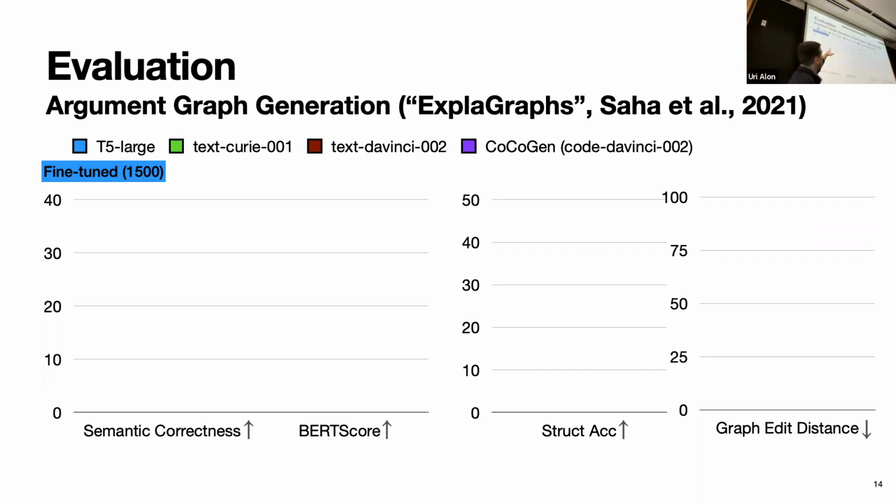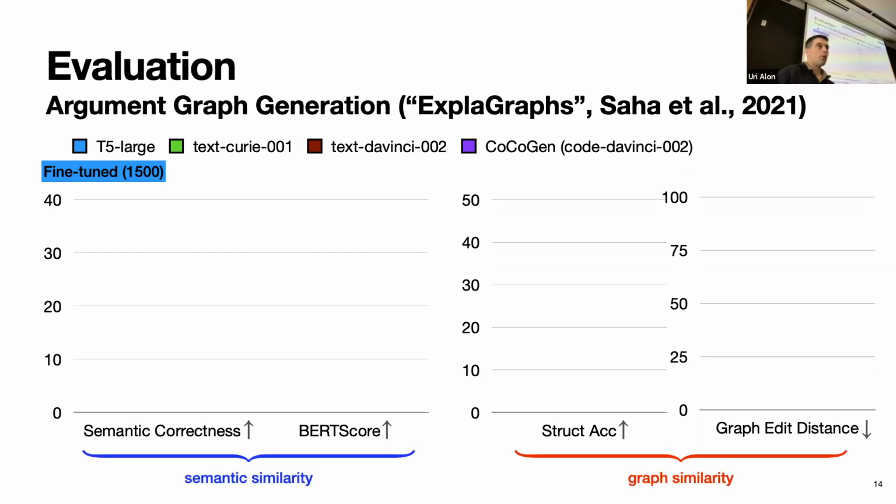The other baselines are other language models of natural language by OpenAI, which are different varieties of the GPT-3 model. One is Text Curie, an older version, and then Text DaVinci 2, a newer version, which were also designed for natural language. We compared the generated graphs according to different metrics.